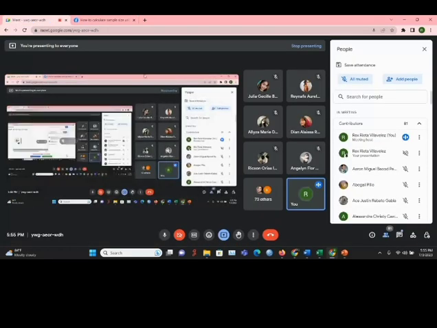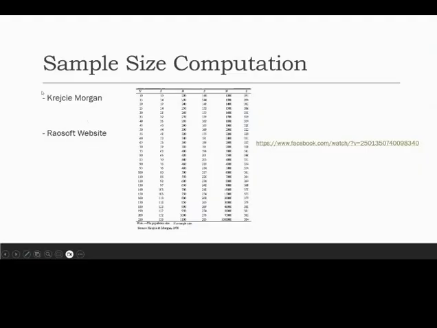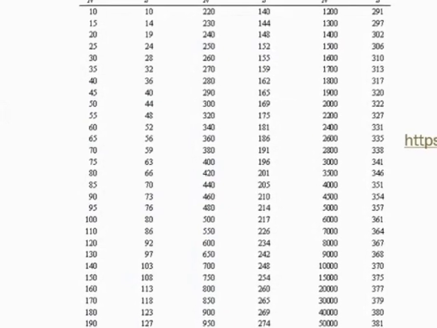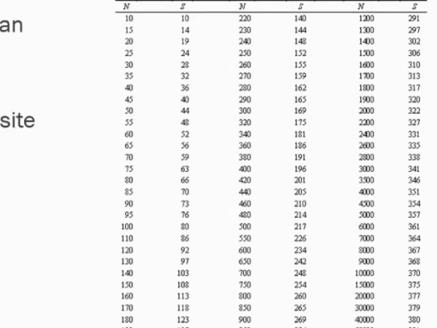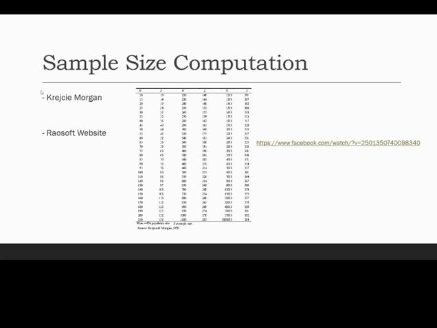Just to give you a disclaimer, the sample size methodology that I am presenting is called Krejcie and Morgan. We prefer Krejcie and Morgan because it has documentation, a published paper on how it's done and the statistics and principles behind it, which is why we no longer consider Slovin's formula.